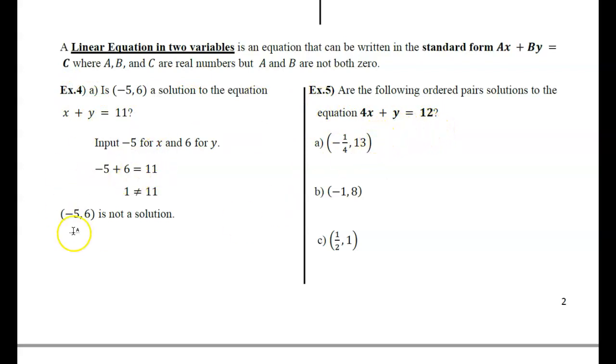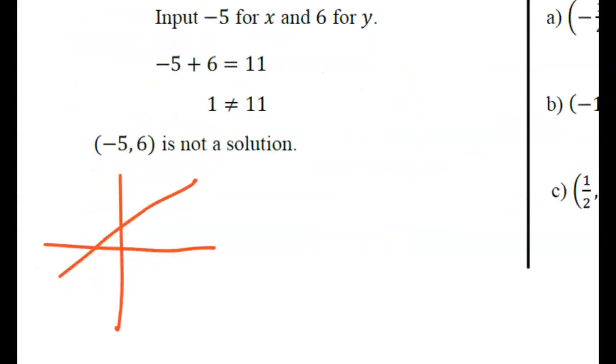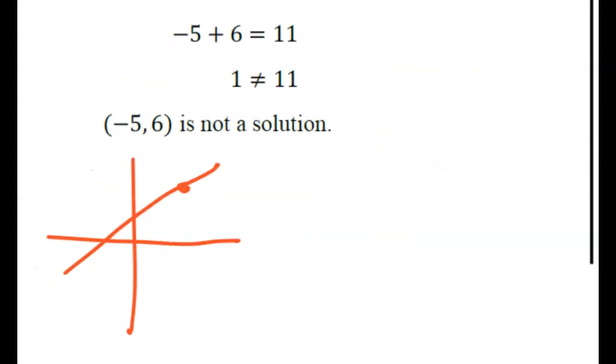We talked about this before, but this is how you can check if a point is a solution. If you have a line on our graph, the question is whether the point is on the line, a point the line passes through, or is it a point off the graph? Okay.